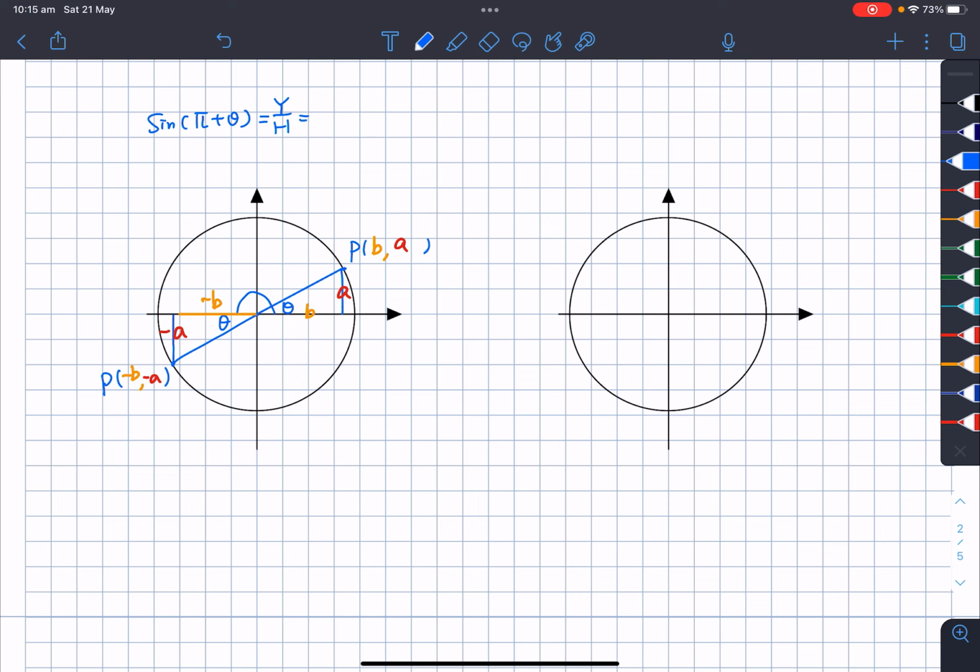So will be negative a over c here. Hypotenuse I always use c. So equal to negative a over c. A over c in the first quadrant is sin theta. So you will get the answer will be negative, keep sin theta.